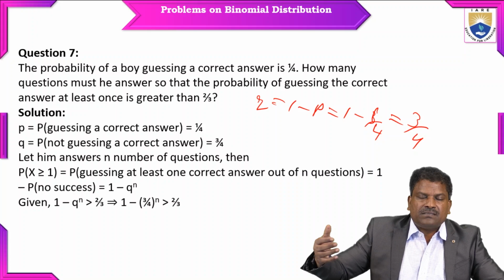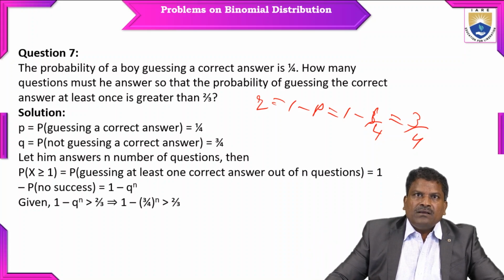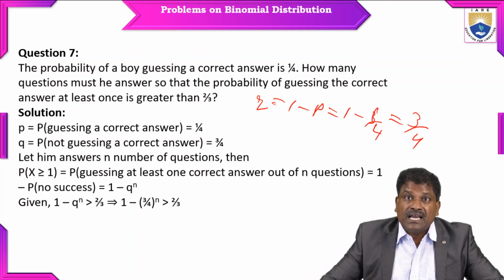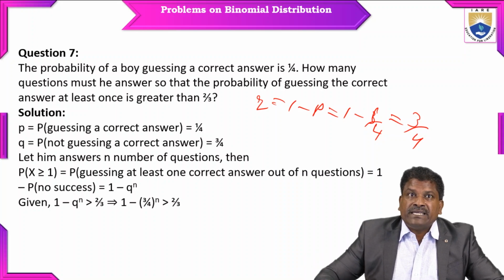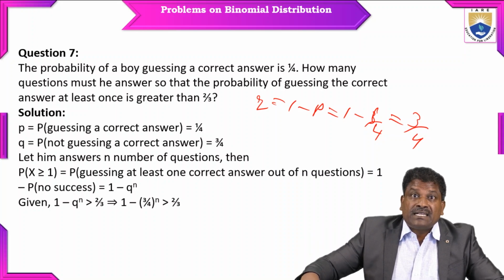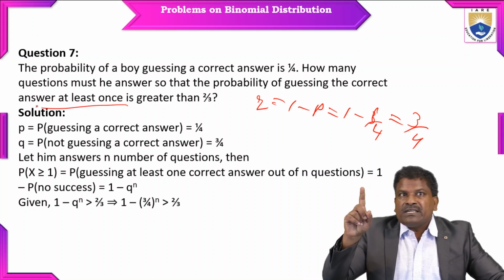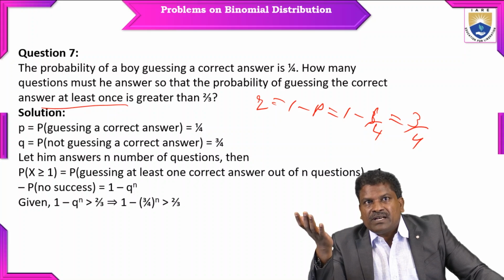Let him answer n number of questions. Here what they are asking, how many questions must he answer so that the probability of guessing the correct answer at least once. At least once means one time he has to answer correctly. 2 times, 3 times, 4 times also will come.